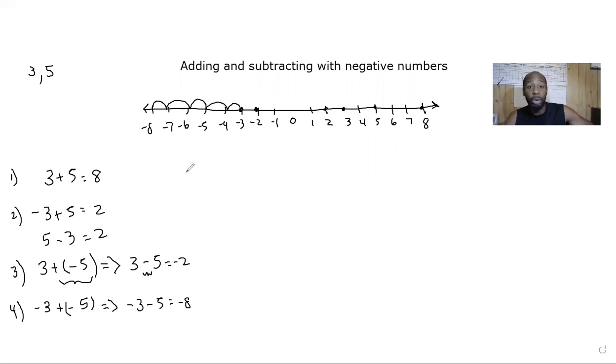Another thing that's really important to remember is this. Say, for example, you have -8 and -3. Which one is greater? The one that's greater is the one that is closest to 0, because the more you go to the right, the greater the numbers become. So the number that's closer to 0, in this case -3, is the greater one.